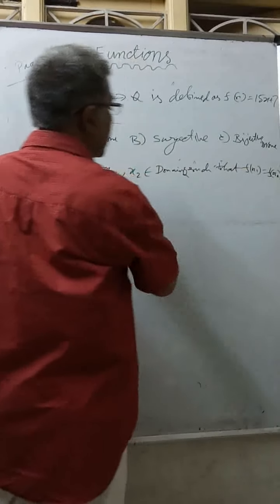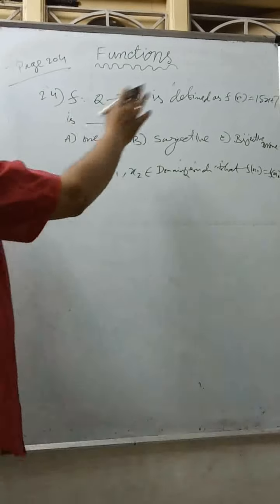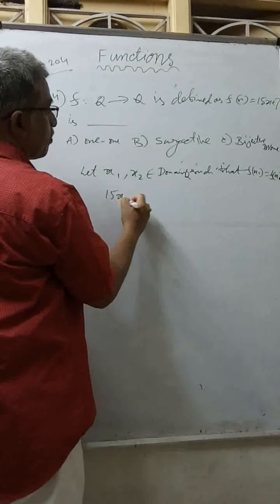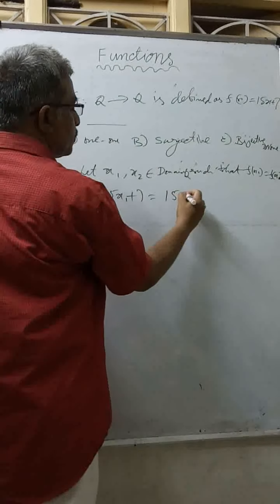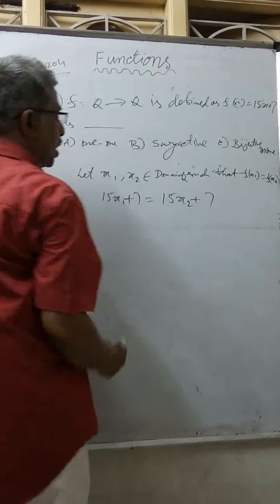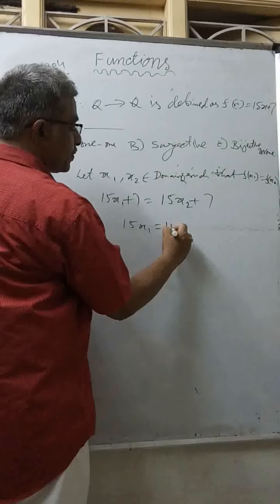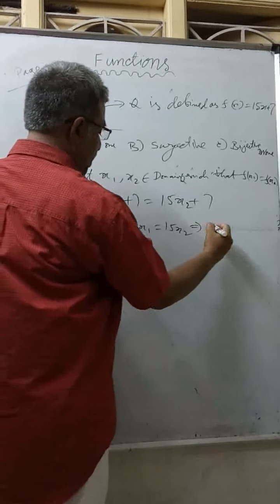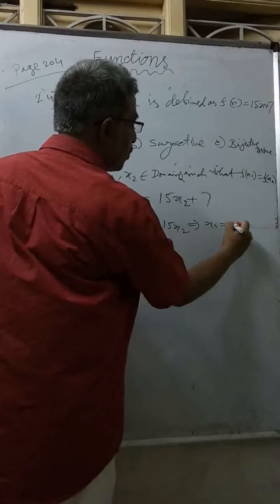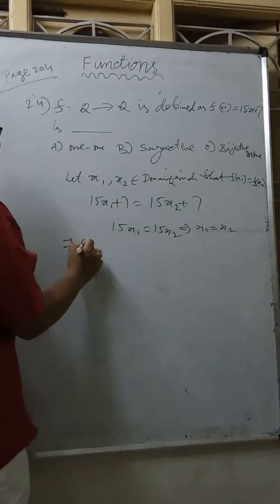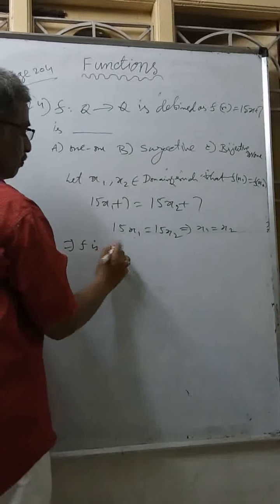In the exam, no need to write all these steps because this is objective. Directly you take 15x1 plus 7 equal to 15x2 plus 7. Now cancelling 7 on both sides, then 15x1 equal to 15x2, and cancelling 15 on both sides, you will get x1 equal to x2. This implies f is 1-1.